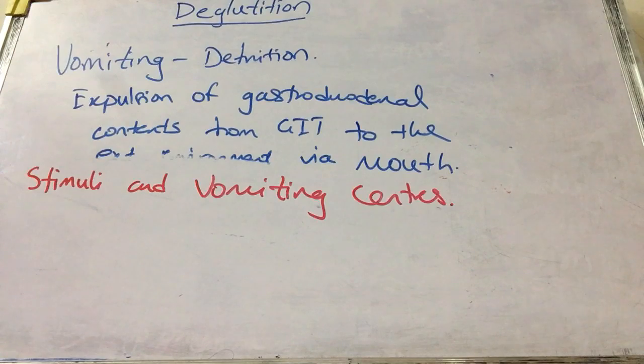Vomiting center present in the reticular formation of the medulla consists of various scattered groups of neurons that control the different aspects of vomiting.